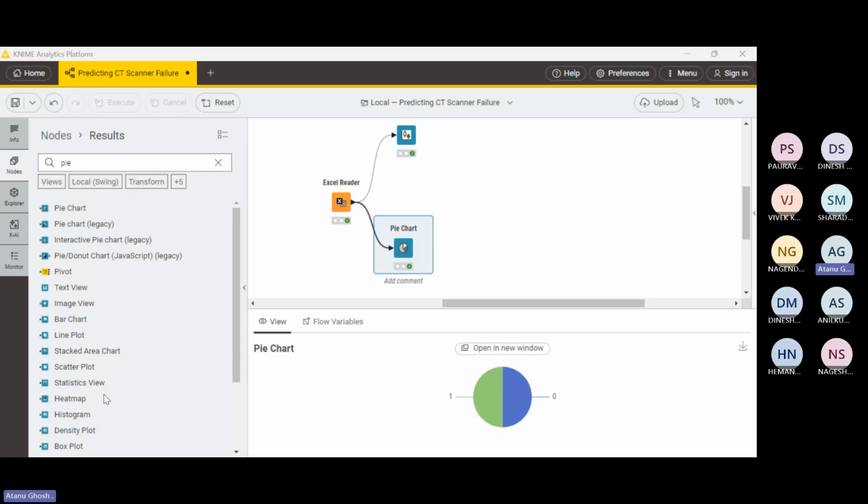So I at least need 200 or 500 failure cases to build a model. You have only 10 failures, but I need at least 500 failure cases. What will you do? What are the options you have?